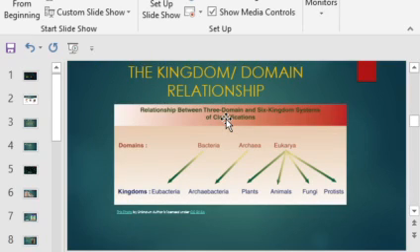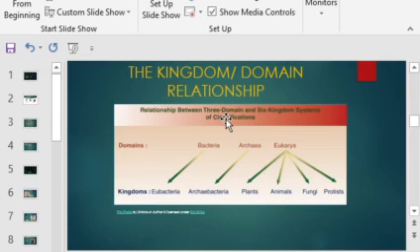Alright, so we have here another diagram that describes the relationship between domain and kingdom. So as we said before, we're not really focusing on domains, but domains are very important because the domain encompasses everything basically, all organisms.